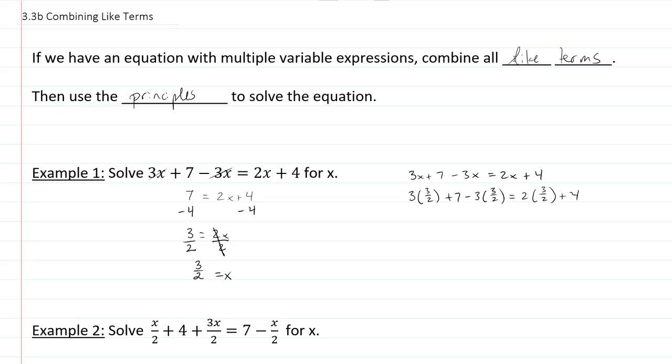Well, even before we multiply, these are still positive and negative. They're opposites of each other, so these still cancel out. So we're left with a 7 on this side equals 2, multiplying by 2 and dividing by 2 cancel. So this is a 3 plus 4. And 7 does equal 7. This is a true statement. So our answer of 3 over 2 equals x is correct.